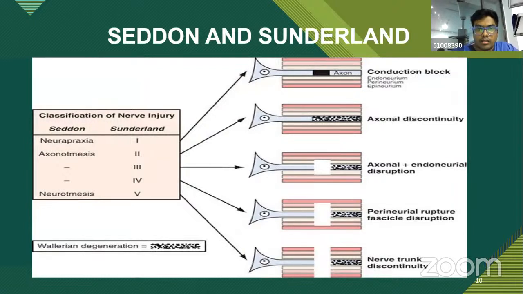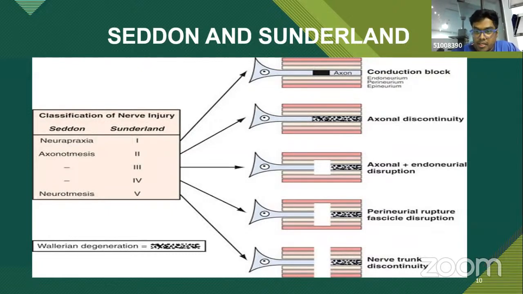Now, we all know the Seddon and Sunderland classification. The original was neuropraxia, axonotmesis, and neurotmesis, and it was modified by Sunderland, who divided axonotmesis into 2, 3, and 4. With respect to nerve injury, it is mostly a neuropraxia, which is a conduction block, and permanent nerve injury, producing an axonotmesis grade 4 or neurotmesis, is less common. Grade 2 is axonal disruption; grade 3 is axonal disruption with endoneurium disruption; and grade 4 is axonal disruption, endoneural disruption with perineural rupture and fascicle disruption.